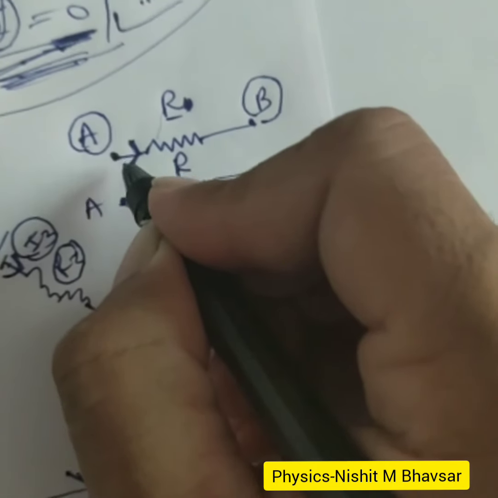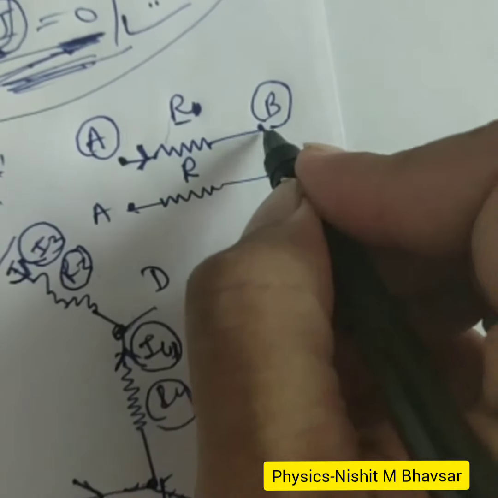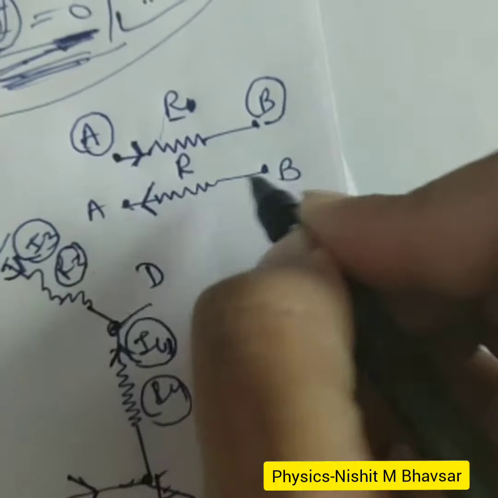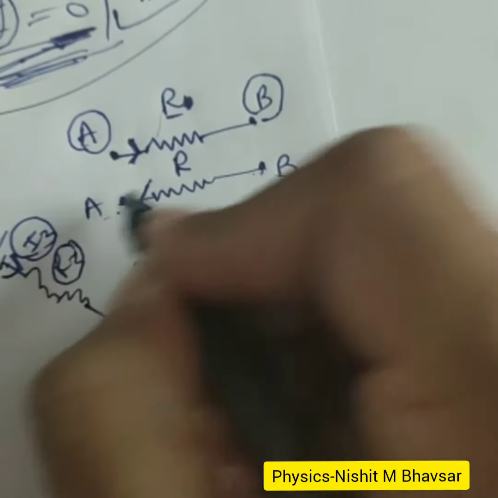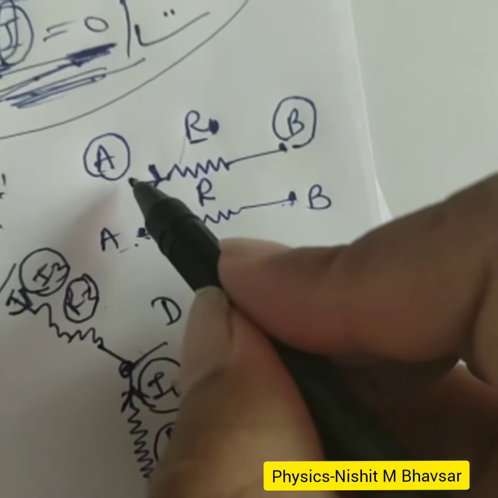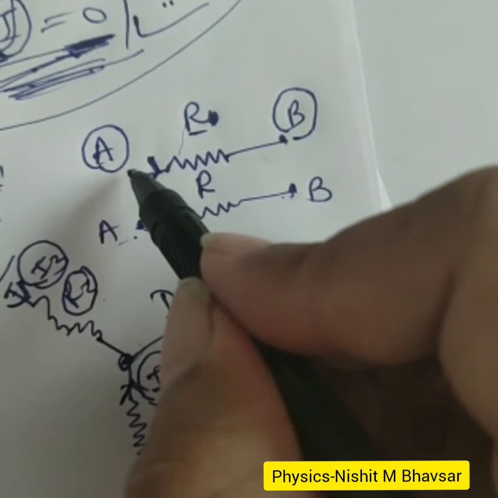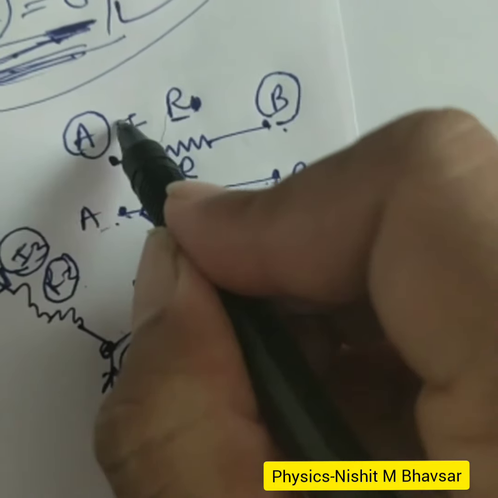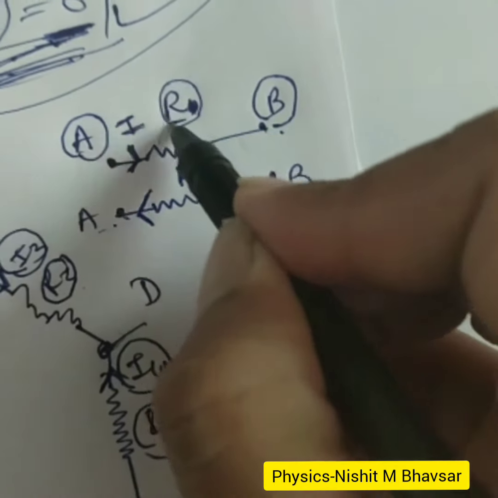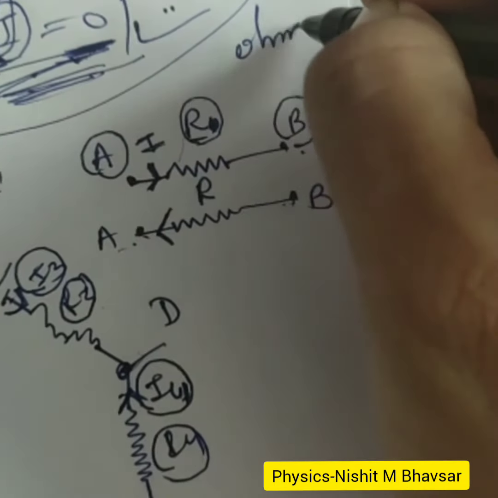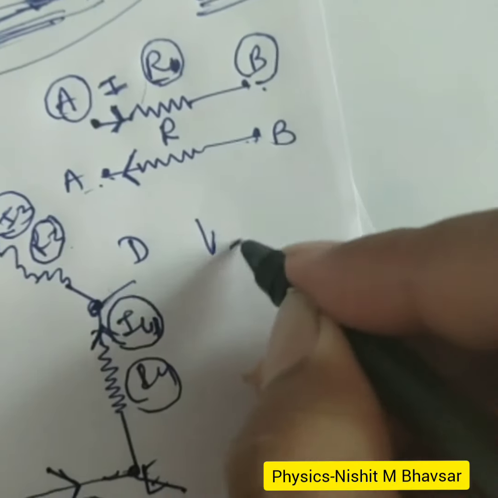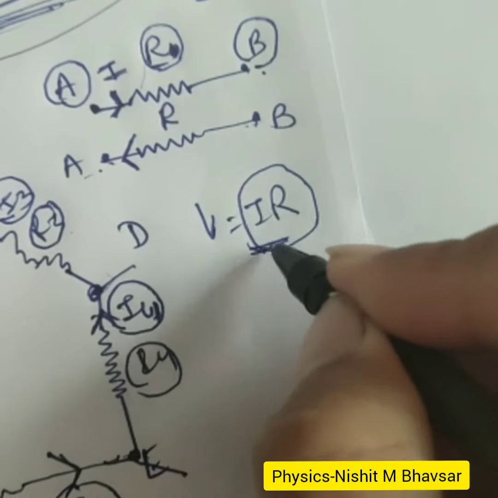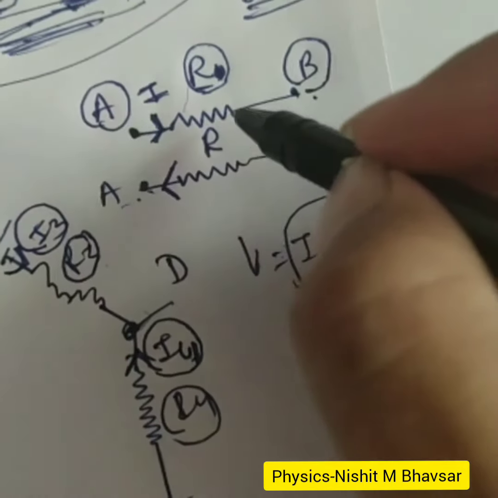We want to go from A to B, or else from B to A. If we have a direction from A to B, this is electric current I, and this is resistance. From Ohm's law, V is equal to IR. So the symbolic form of V is IR.